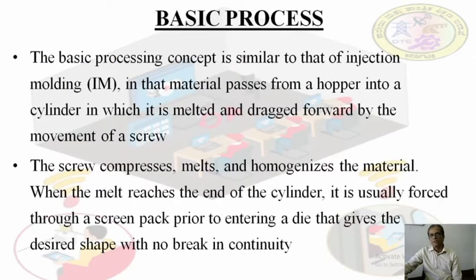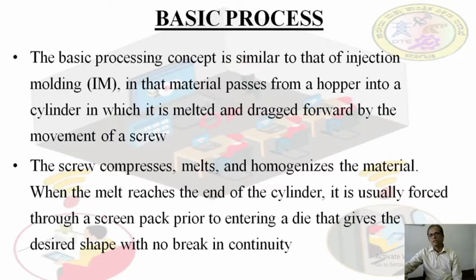The basic processing concept is similar to injection molding. In this, the material passes from the hopper into the cylinder, in which it is melted and dragged forward by the movement of the screw. The screw compresses, melts and homogenizes the material.